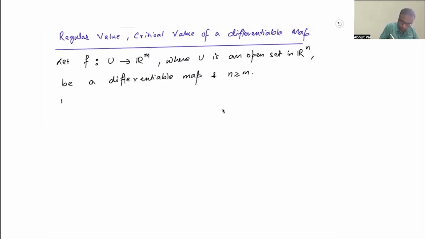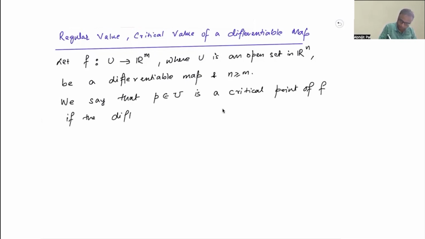So we say that a point p belonging to U is a critical point of F if the differential of this map F at the point p is not a surjective map.